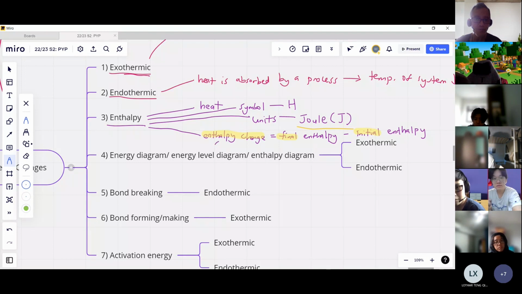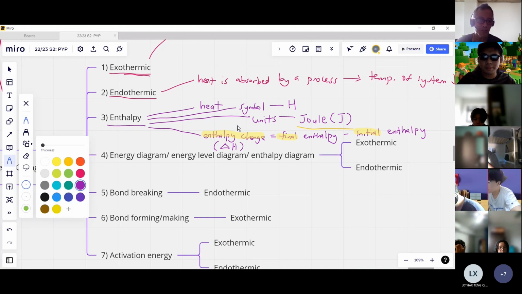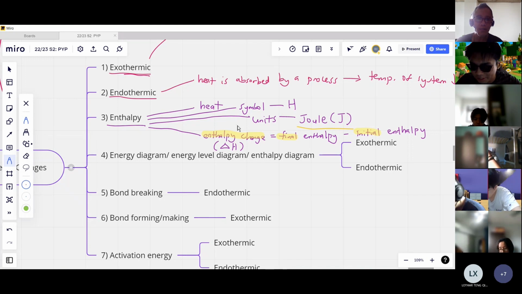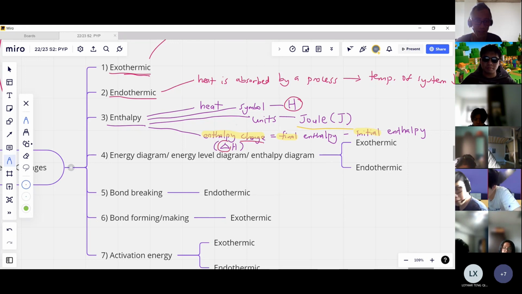Enthalpy change is represented by delta H. Yes, please write this down. You will definitely see this. As I said, enthalpy is H, and here I'm interested in the change, so you tag on this triangle in front. The triangle is pronounced as delta.